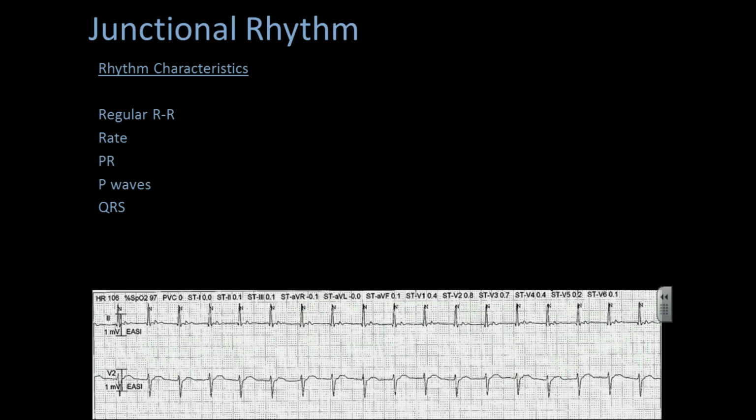Okay. Here's another strip. And you can see right here, this says 106 beats per minute. R to R looks pretty regular.